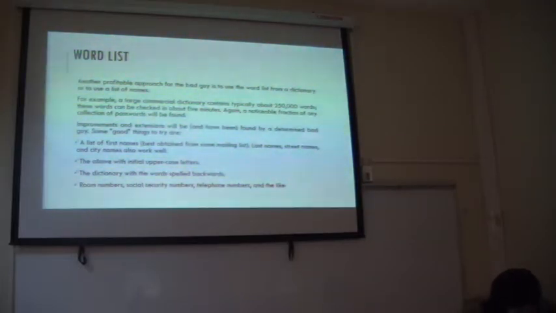They use a word list. This means that in general all users prefer things like telephone numbers or names, or something that has meaning. So they tried these combinations first, and after that they went on to try randomly.